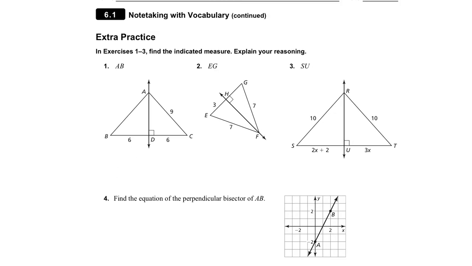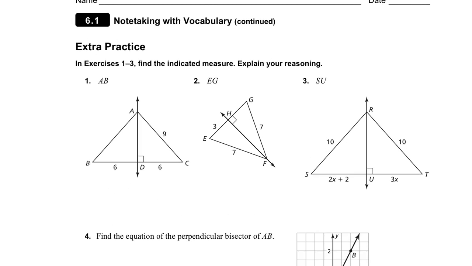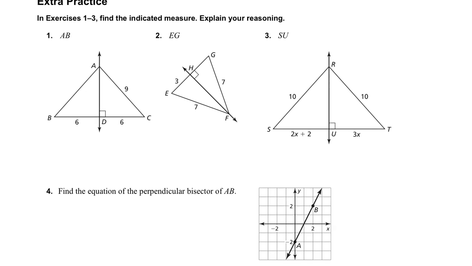So if we look at these first three here, so let's look at the first one, AB. It says find the indicated measure of AB and explain our reasoning. So if we look here, what I notice is these are both 6. Because they're both 6, these are both congruent. Because those are both congruent, and because I see the perpendicular mark here, I know that this is a perpendicular bisector.